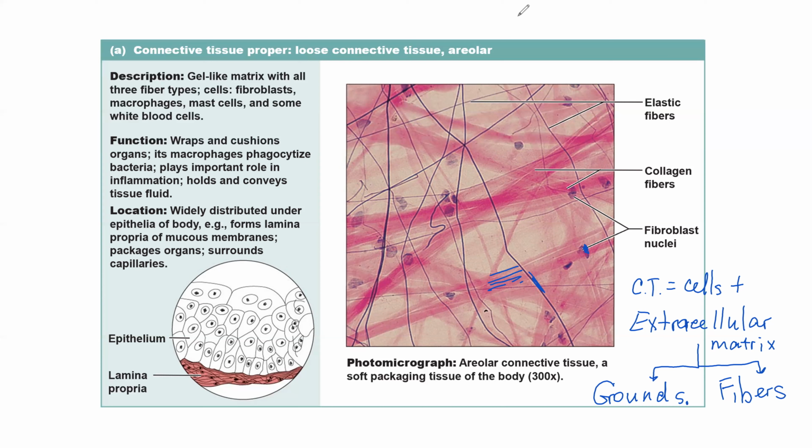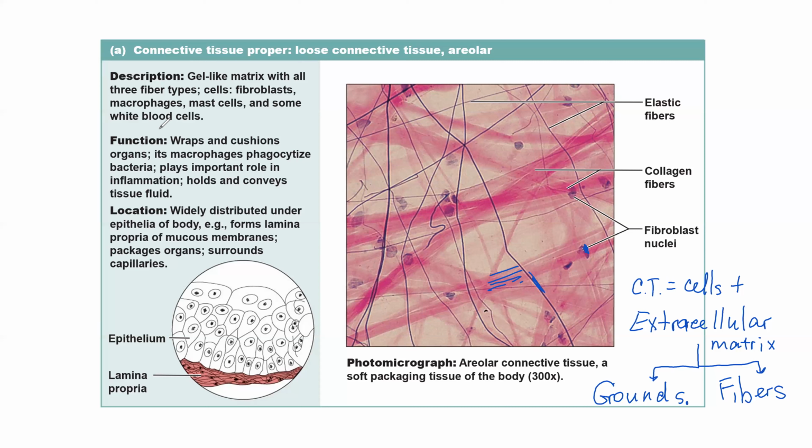Okay, so let's go ahead and read the description. Areolar connective tissue is a gel-like matrix with all three types of fibers, meaning elastic, collagen, and reticular, and cells such as fibroblasts, that's the major cell, macrophages, mast cells, and some white blood cells.